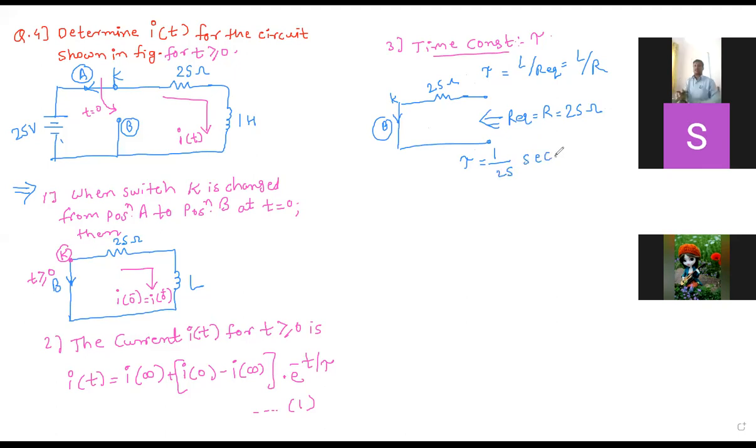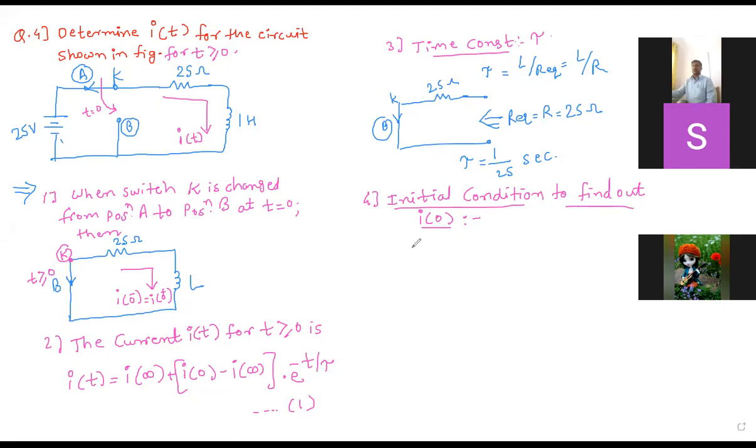Keep as it is. Now the next, fourth step, will be finding out the initial conditions, to find out i of 0.